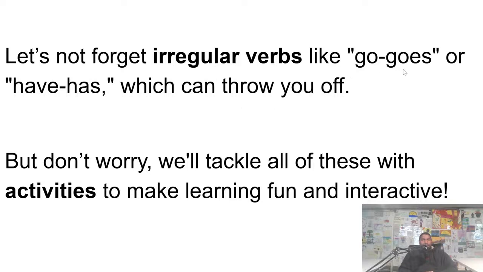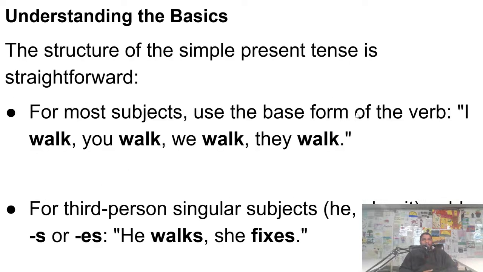So go and goes would be an example of that, and have and has would also be an example of that. But we're going to have a lot of activities today that are going to try to make us get a solid grasp of when to use each one.